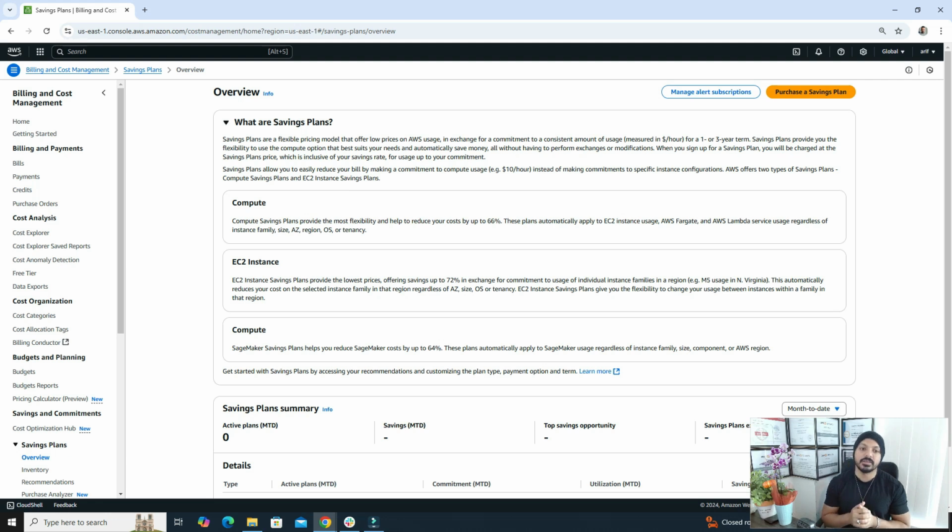The second one is more specifically for EC2 instances. If we have EC2 instances in our account and we are heavily using those servers, then we can purchase this EC2 Instance Savings Plan.